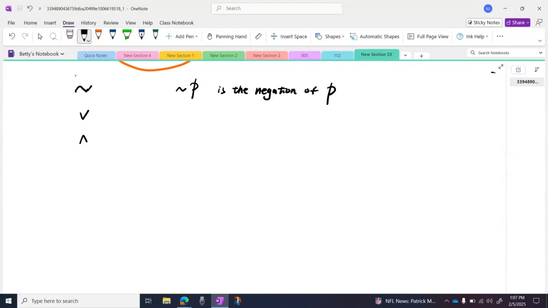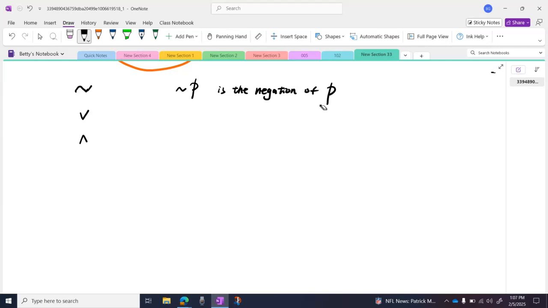This is not P. If not P is the negation of P, then the other way around, P is also a negation of not P. In other words, P and not P are negations of each other.